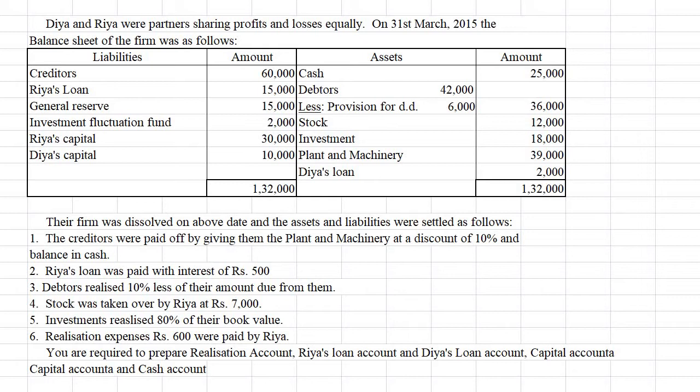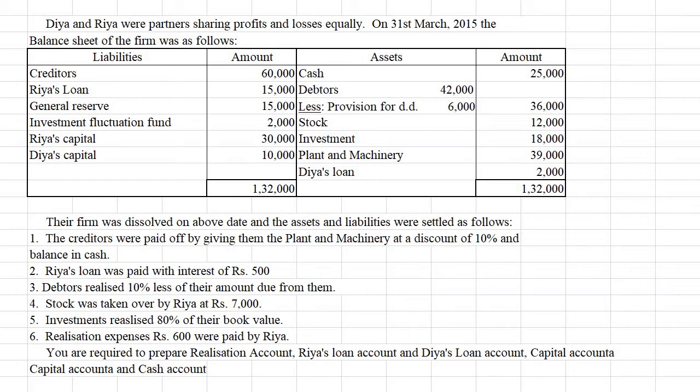That and all we discussed in the last class. Now the debtors realized at 10% less. That means 42,000 minus 4,200. That is the realized amount of debtors.